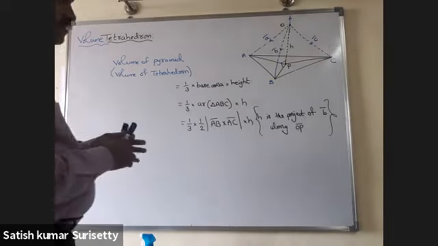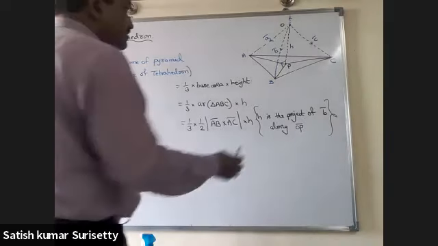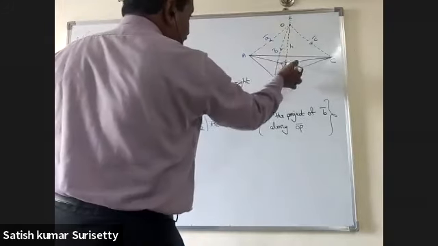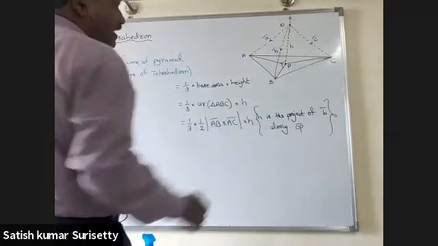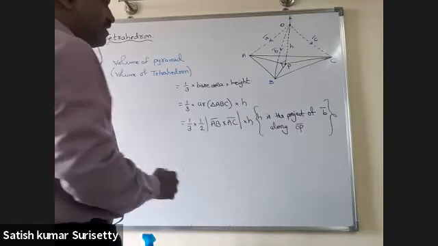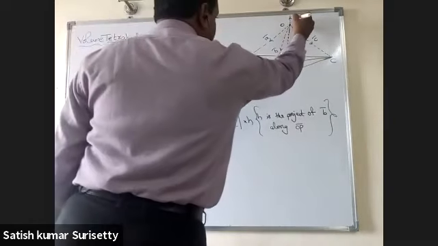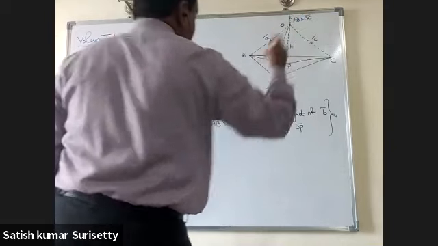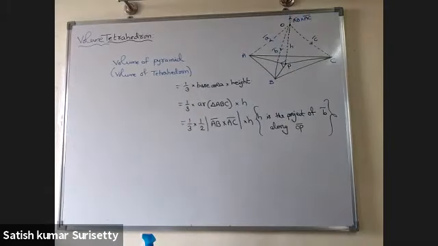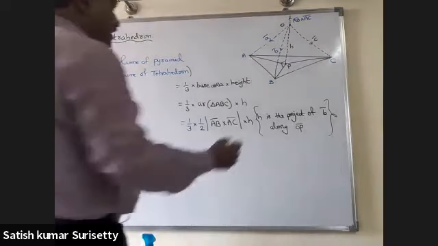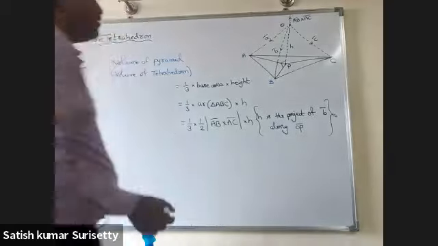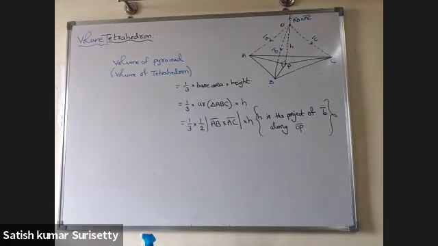So projection of one vector in the direction of another vector. OP bar is perpendicular to the plane containing the triangle ABC. So AB bar cross AC bar will be a vector which is perpendicular to the triangle. That means AB bar cross AC bar will be in the direction of OP bar, or you can say PO bar.